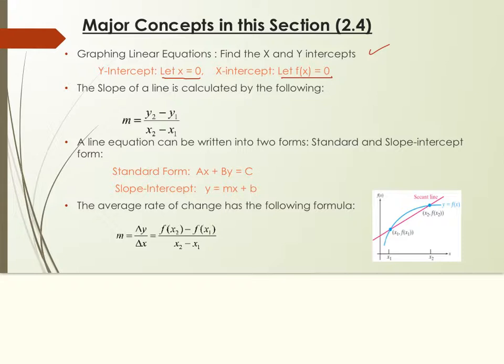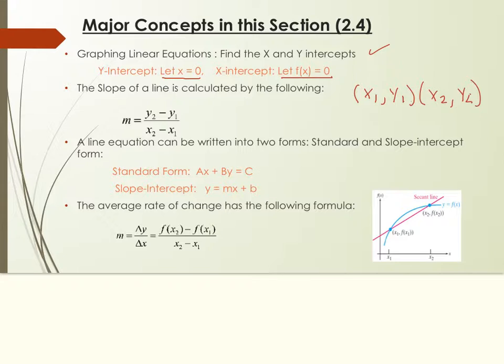So in some sense, if we have a point x1 comma y1 and we have another point x2 comma y2, those are our points, and we put them in the slope formula to get the slope.